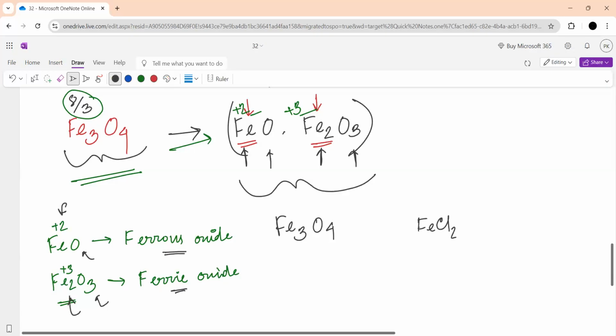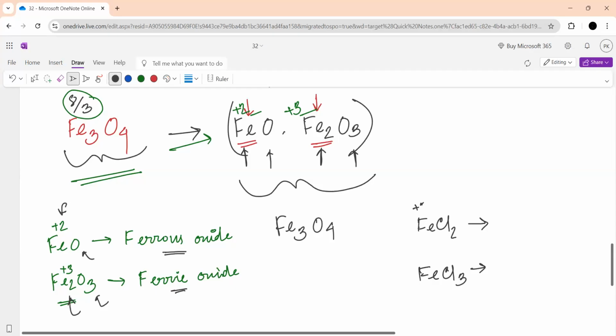So what will we call FeCl2 and what will we call FeCl3? In the first one, what is the oxidation number for iron? +2.